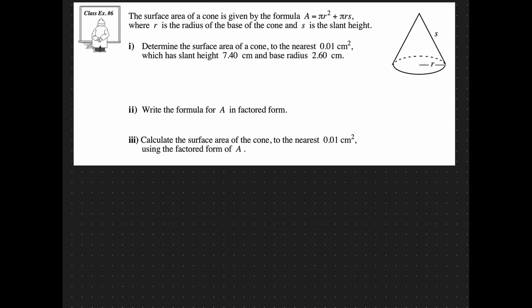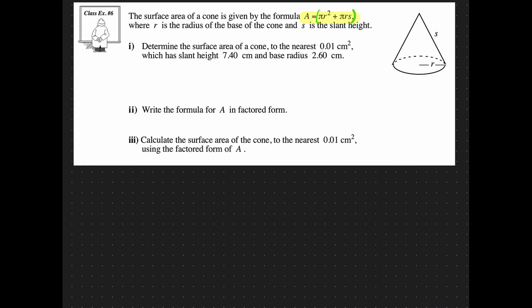Okay, we got the last class example here, and it's saying we got this cone and it has this formula right here where the area equals pi r squared plus pi r s. So you may recognize that area, basically what we've got here is this binomial.